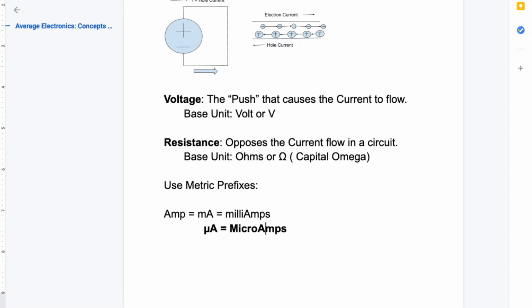This will be your microamps, right? And then you've got your kiloamps, etc.